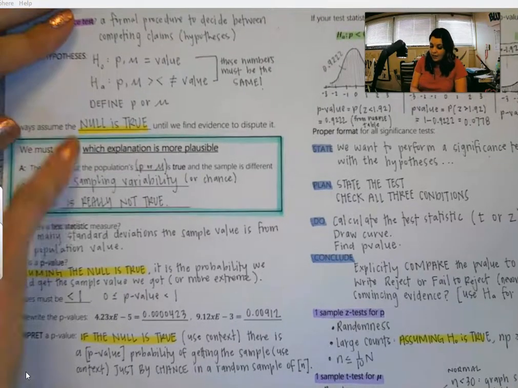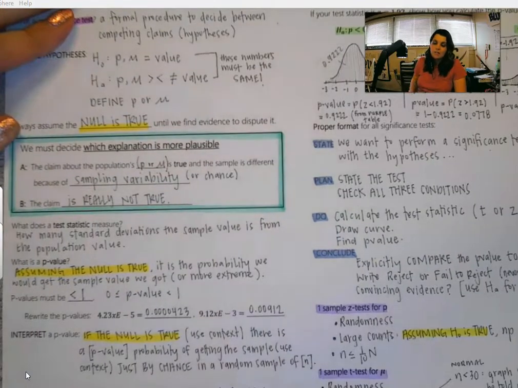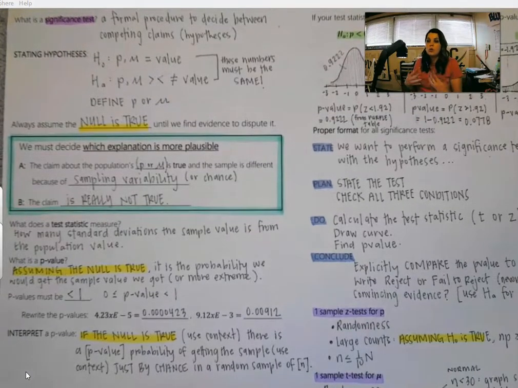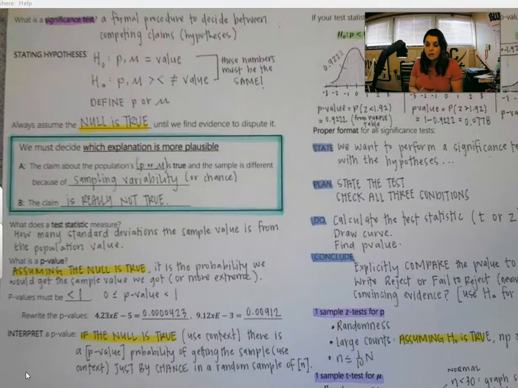I have highlighted everywhere on this side of our overview every place that it explicitly states that we work from the assumption the null is true. It's just like the judicial system in our country. When you are charged with a crime, it is innocent until proven guilty. So the null is true until it's proven it's not.